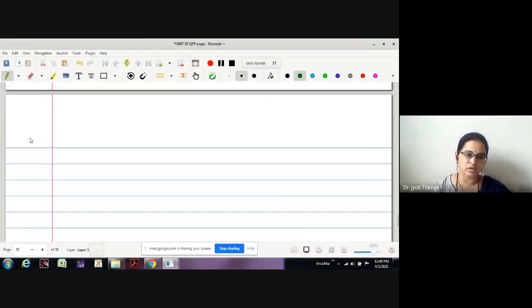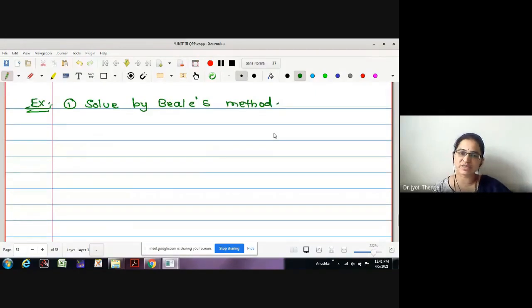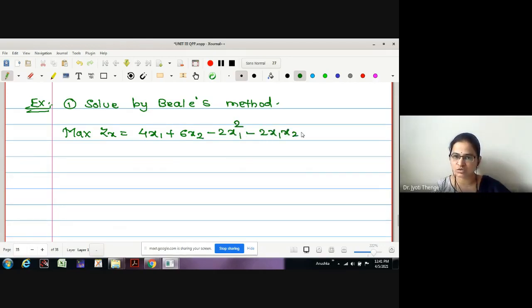Let me take one example on this. First example, solve by Beale's method. If in your exam the method is not mentioned, you can solve the problem with whichever method is applicable. Suppose a QPP is given and it is not mentioned whether to solve by Wolfe or Beale's, then you can use any one of the methods. Here the objective function is maximize z(x) = 4x1 + 6x2 - 2x1² - 2x1x2 - 2x2².